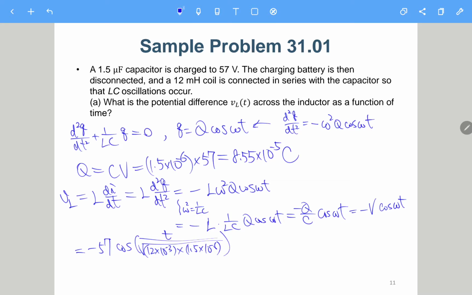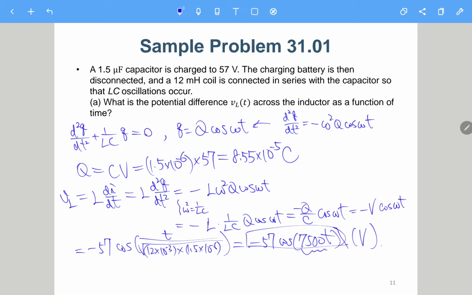So finally we get negative 57 cosine of 7,500 t volt, like this.